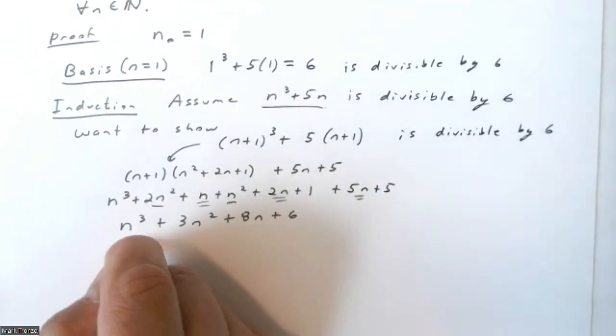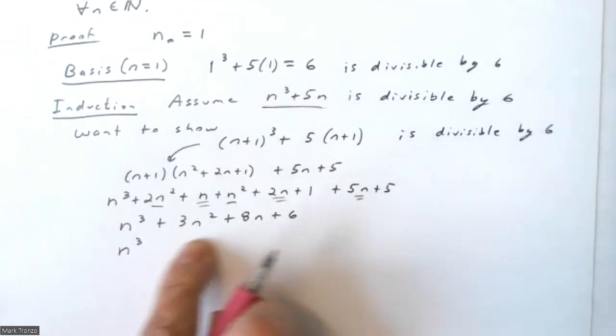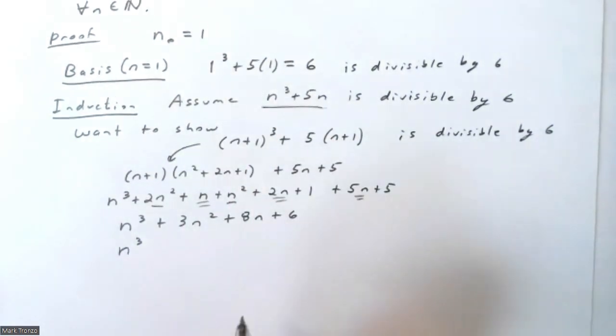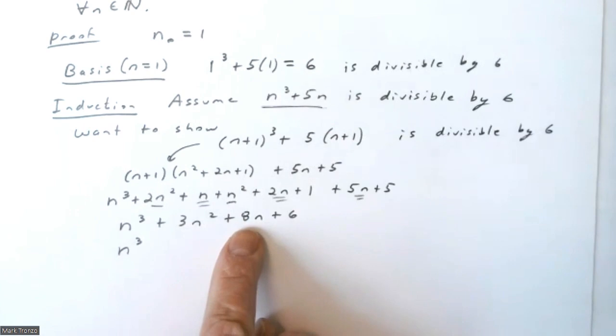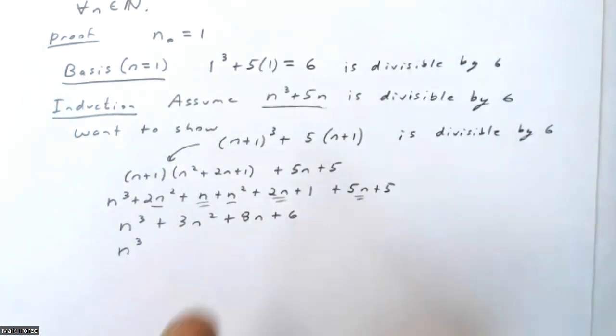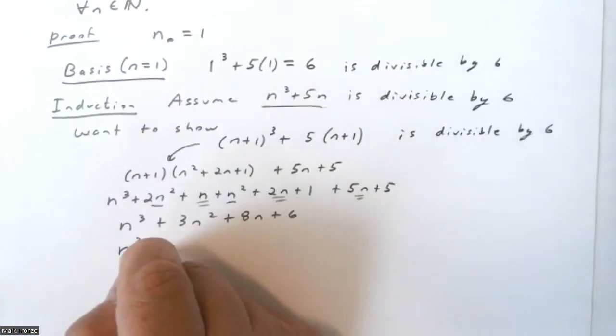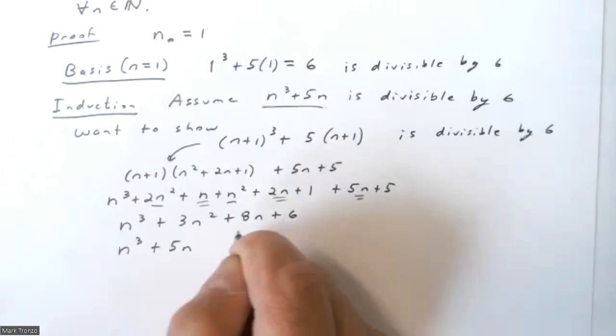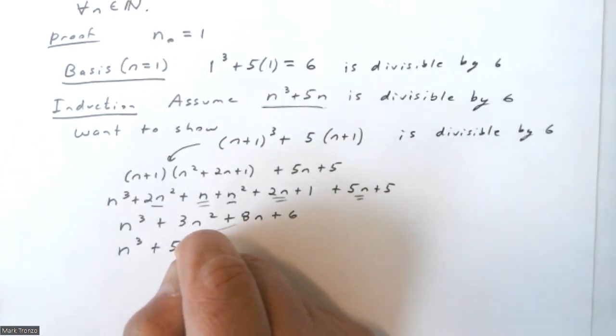So we have n cubed. I'll bring this 8n over, but I only want 5n. So let me take 5 of these and leave 3. So I'll take out 5n, and I move that over here.